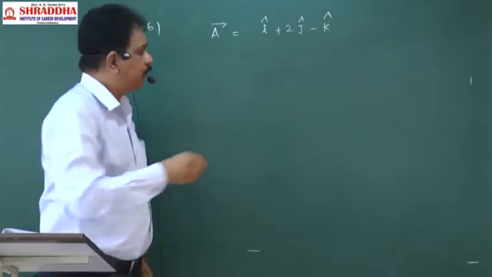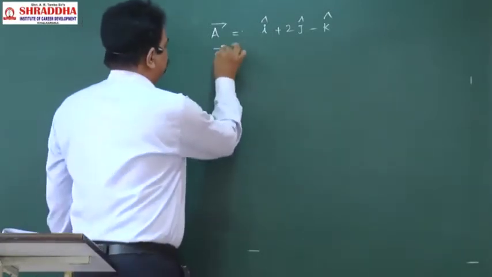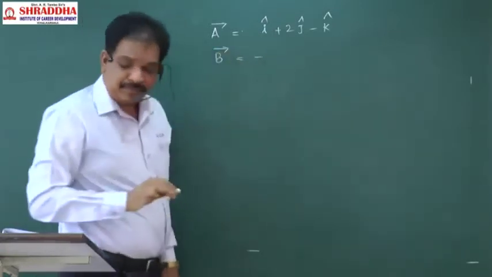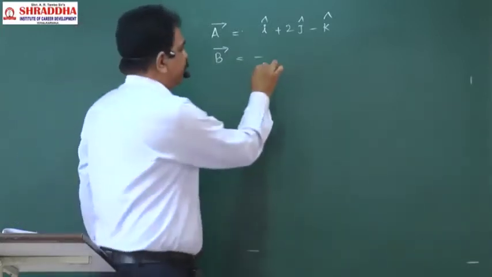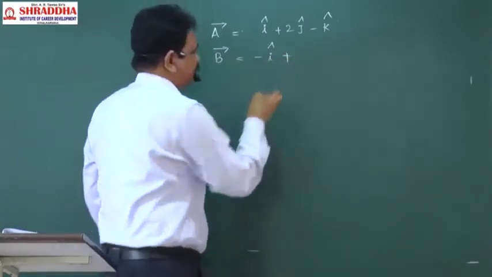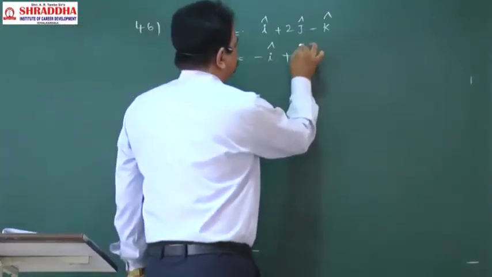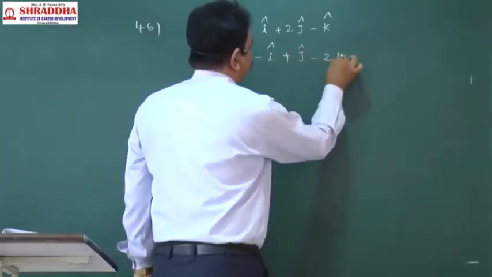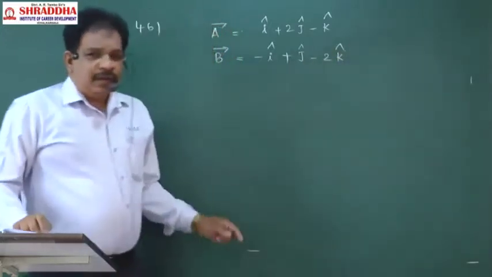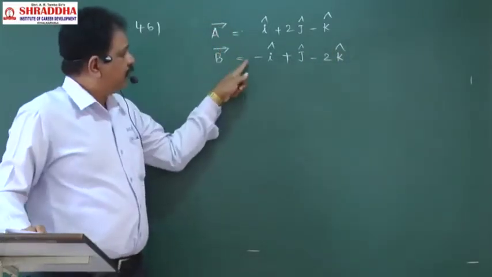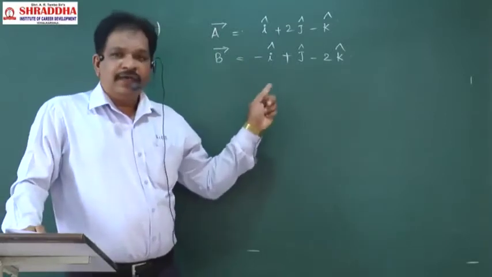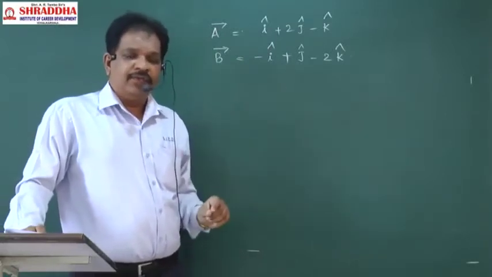B bar is equal to minus i cap plus j cap minus 2k cap. Two vectors are given. Find the angle between the two vectors.